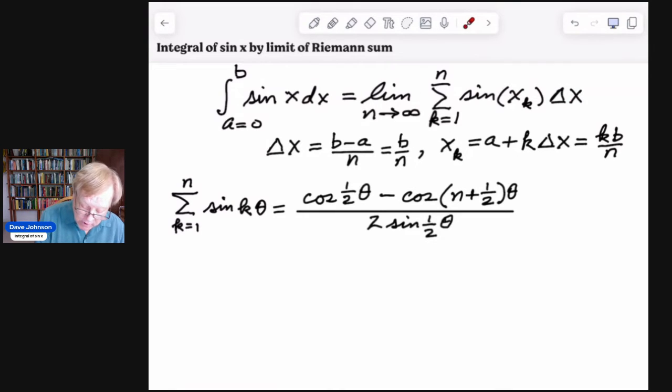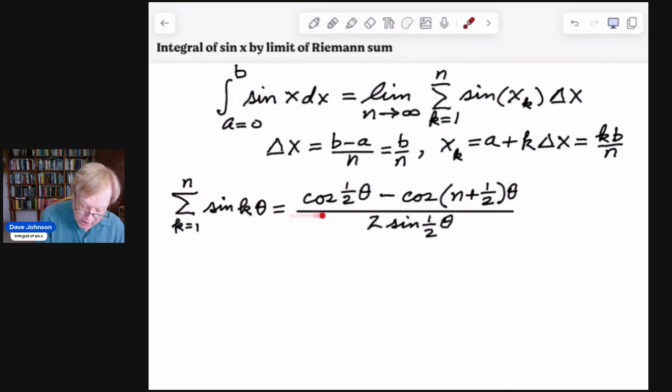And we remember that we define delta x, when we can say that the delta x's are constant, which we do at this level, as delta x equals b minus a divided by n. And since we're taking a to be 0, this is just a simplification. So b minus a over n becomes b over n. Likewise, x sub k is a plus k times delta x. And again, since a is 0, we get x sub k equal to k times b divided by n.